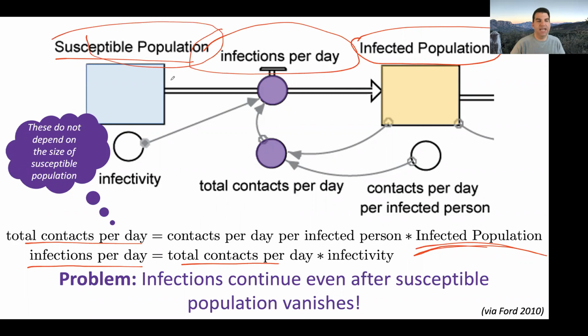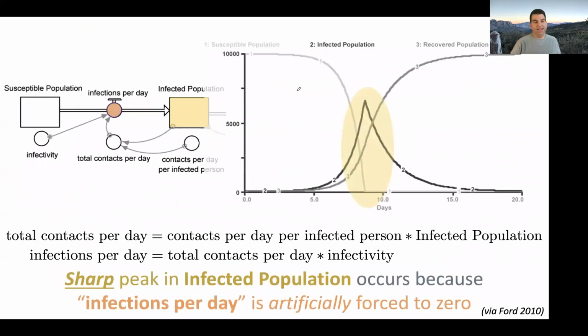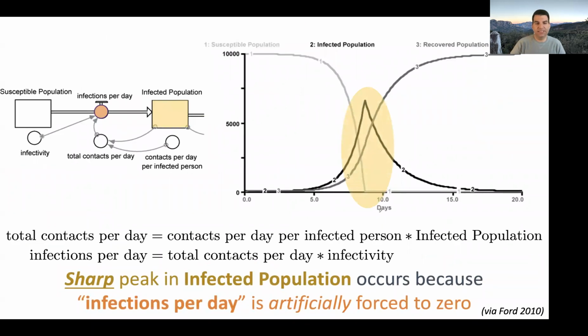So that's what we're missing: the infections per day's dependence on the susceptible population. We are expecting to have some sort of causal link that relates susceptible population to infections per day. Because we don't have that, that's what's causing this sharp peak here, because this susceptible population is sucked into the ground: the number of infections per day is free to grow, even though the number of susceptibles out there is declining.